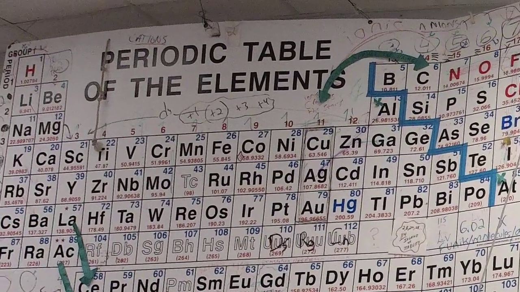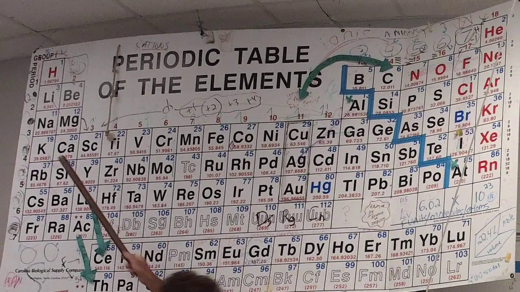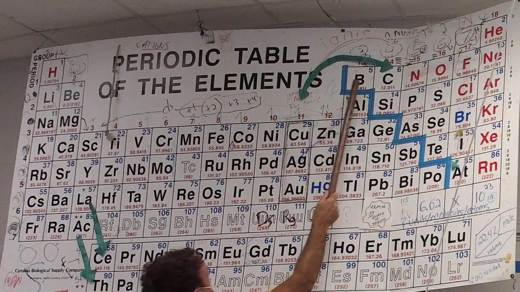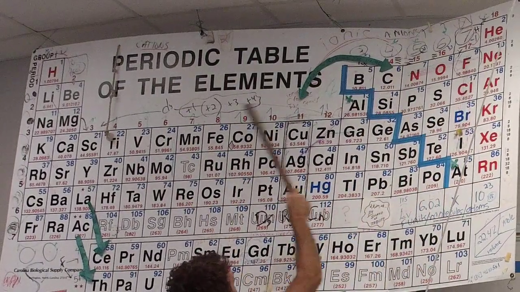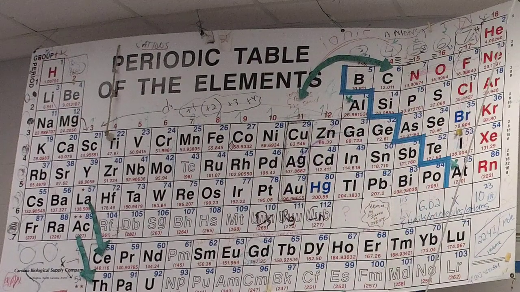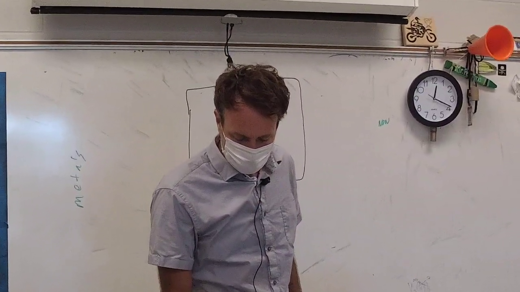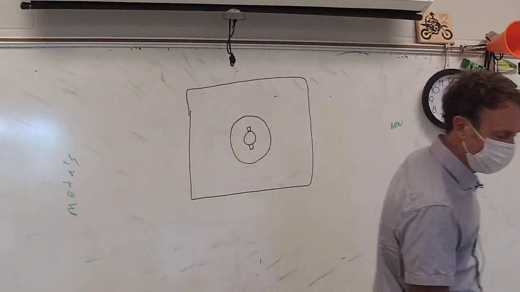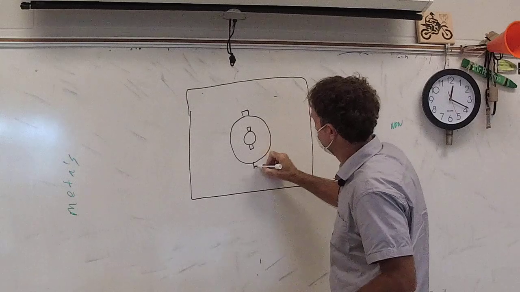Let's look over here at the periodic table. If you look at the periodic table, there are 1, 2, 3, 4, 5, 6, 7, 8 elements in the second group. So that means when we look at the Bohr model, we will have 8 empty spaces in the second ring.